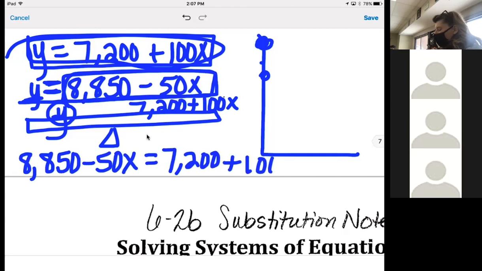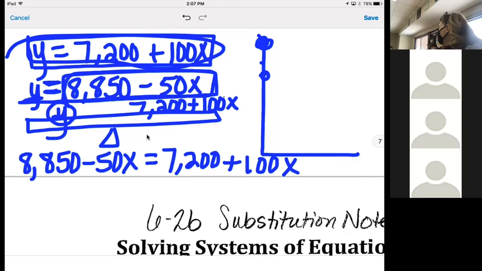And the whole reason we want to do that is because now our equation has just x's in it and we can solve using our skills of solving equations. Does that make sense? That's exactly what we're doing.